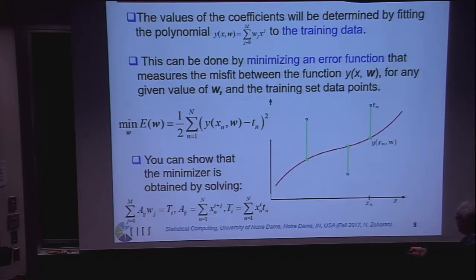T are your given y's at the given x's, and this matrix A involves terms that have to do with your monomials x to different powers i and j. The summation on j is over the number of terms that you have in the expansion, and n is the number of data points. Nothing fancy. Simple least squares.